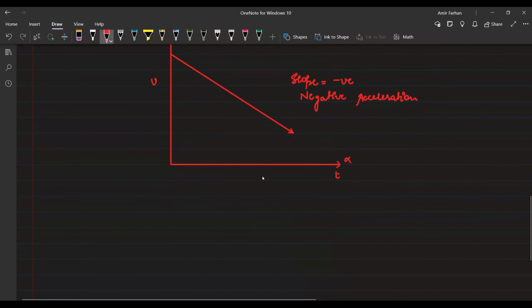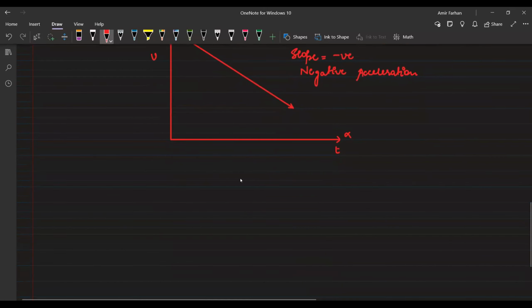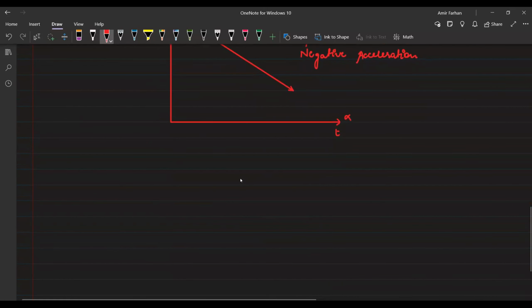Now, what about when acceleration is constant? Graph will be like this. What will be the shape of the graph?